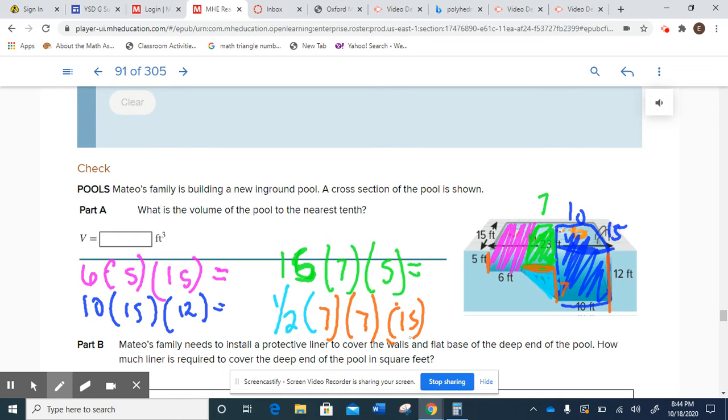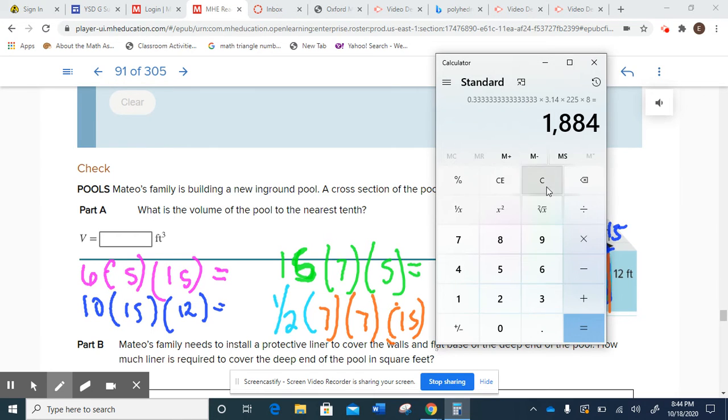Okay, so I think we're good to go. Now I've got to add up all of these pieces together. I'm going to try and do it all at once. So I got 30, which is 6 times 5 times 15, plus 150 times 12. That's the dark blue.